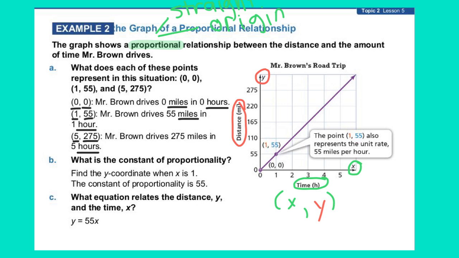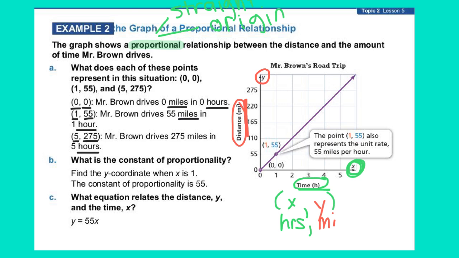So all we're doing is we are combining the number and the label. Based on our graph, remember, we had X were hours, so that first number is always going to be hours, and our Y is distance or miles. Your second number is always going to be miles.